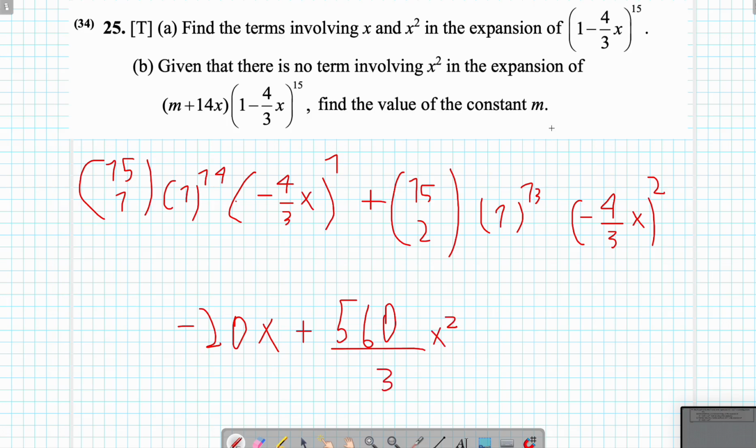And then again, so that's correct. So we're done with part A.